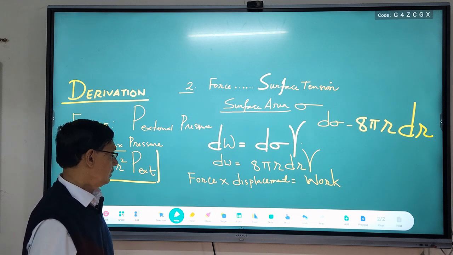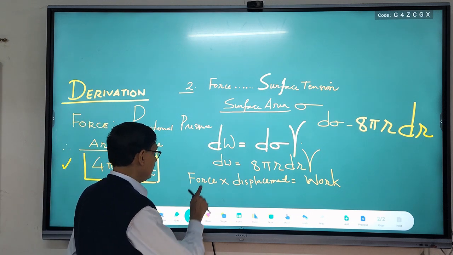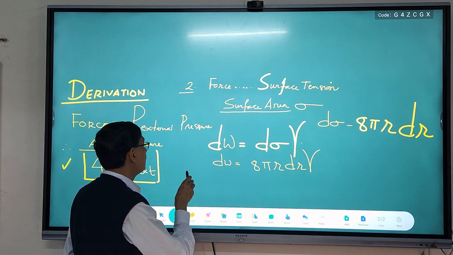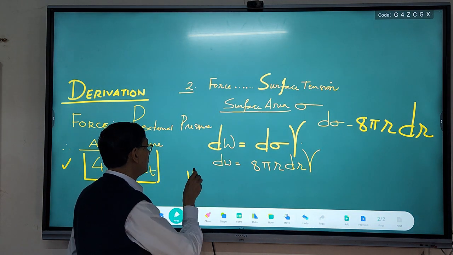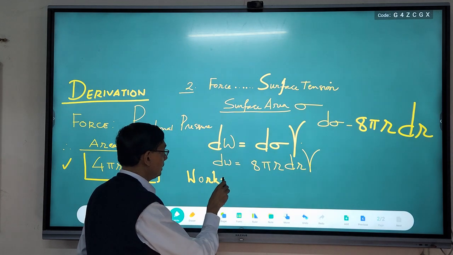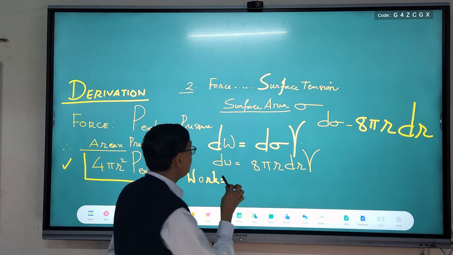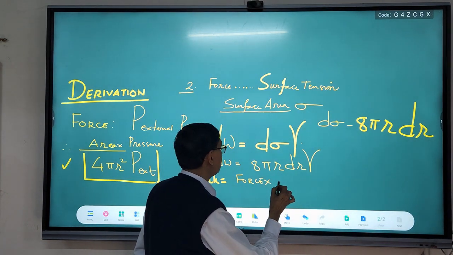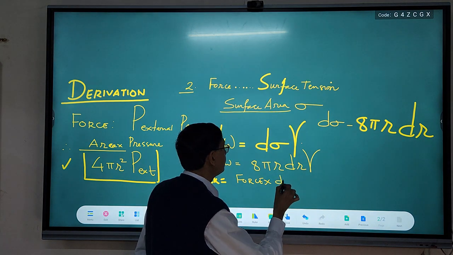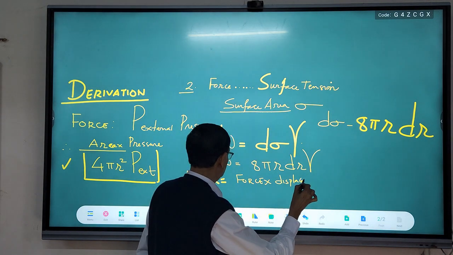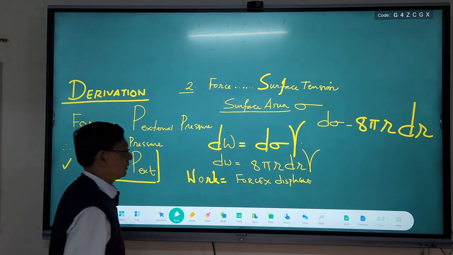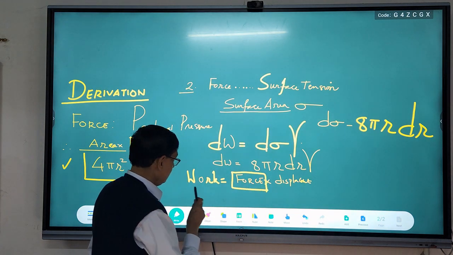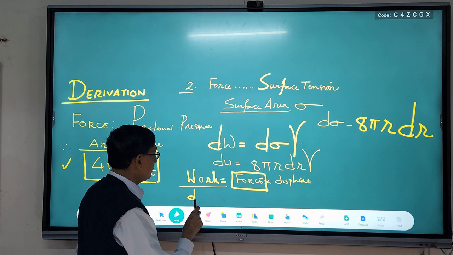Work is the ability to do work, and that is actually force into displacement. So if I want to calculate the force, it is work divided by displacement.